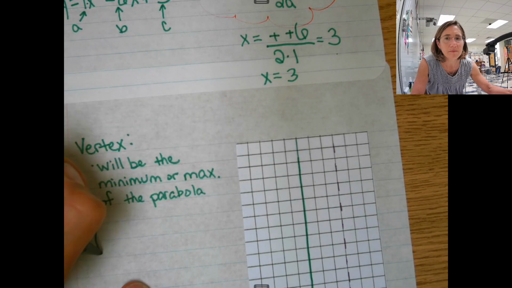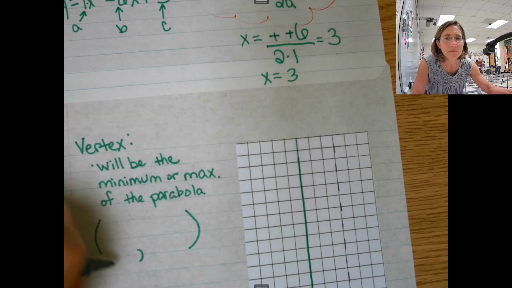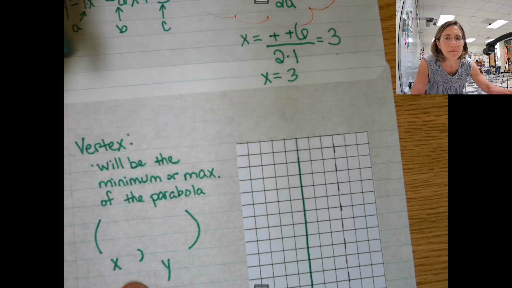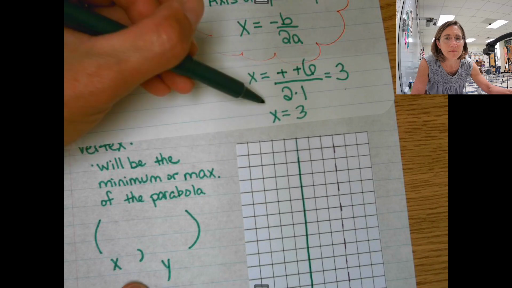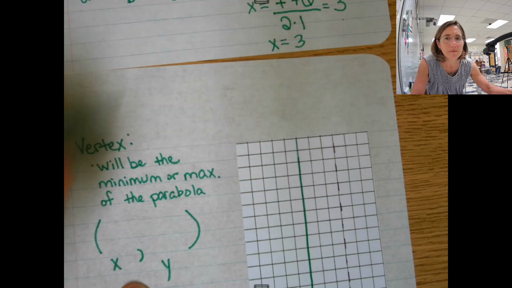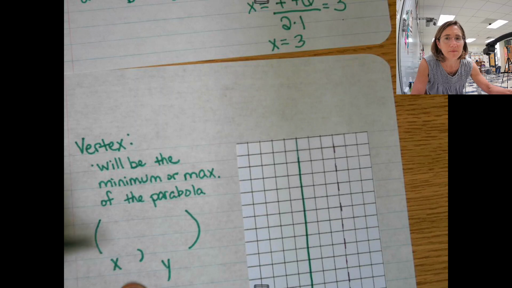And it will be an ordered pair. So we'll need an x value and a y value for it. And the x value is going to match this axis of symmetry. So once you have found that, you know the x value of your vertex.